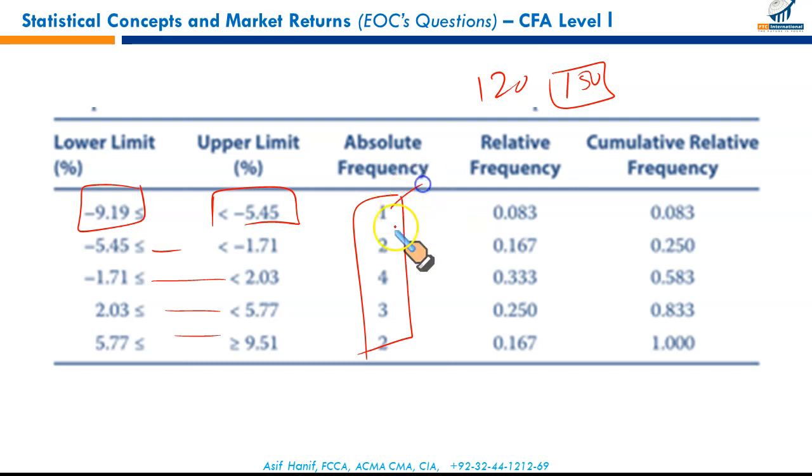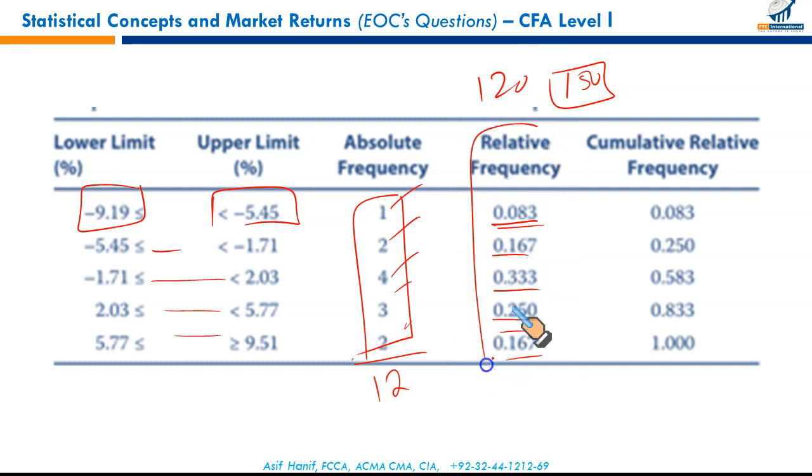So we have been given the absolute frequency. We calculated relative frequency by adding up the frequencies. There were 1, 2, 4, 3 and 2, so 12 observations. 1 out of 12 is 0.083, 2 out of 12, 3 out of 12, 4 out of 12, and so on.